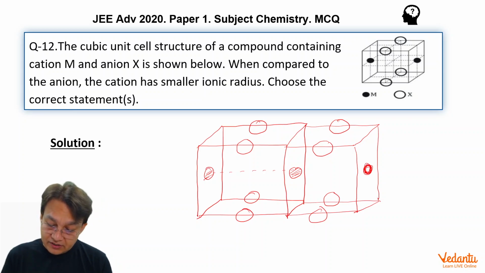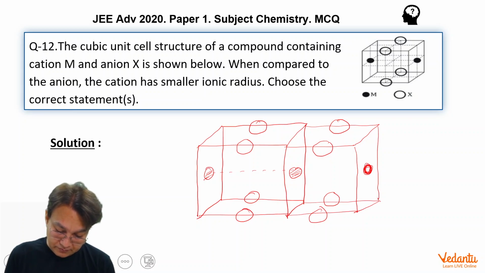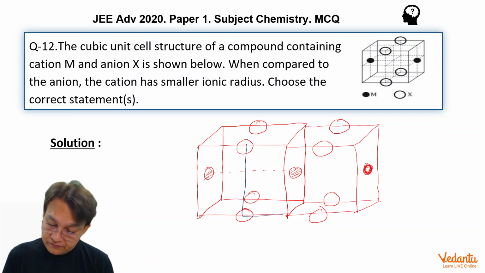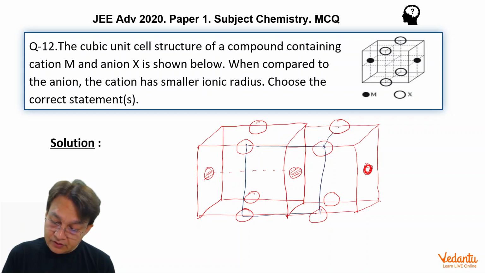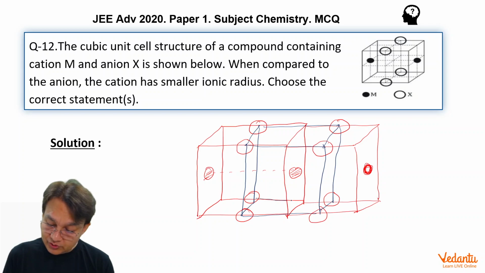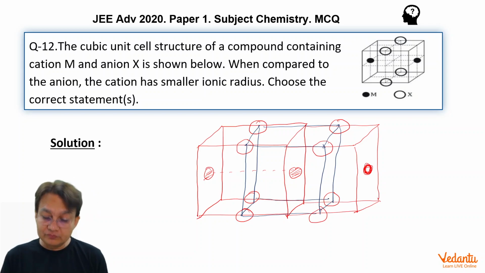If you see it carefully, suppose I join all these lines with some different colors so that it becomes more visible. If you just take this group of atoms, you will quickly recognize that this is a simple cubic unit cell, which you know.